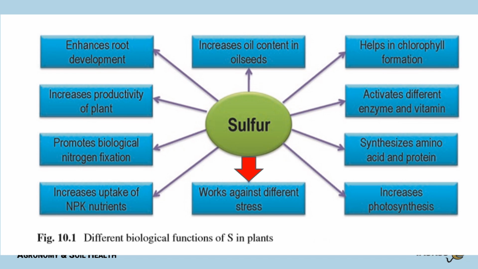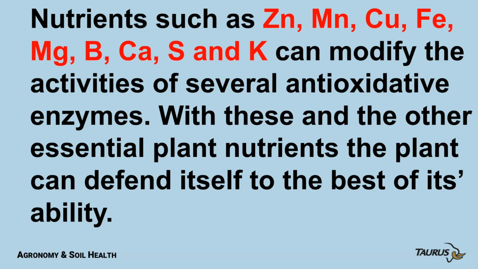So remember, we're all eukaryotes. We behave the same, just think like a plant. And these are the major nutrients that are involved in that scavenging. We talked about all of those, the iron, magnesium, boron, calcium, sulfur, and K. Do your best at getting those into the plant.